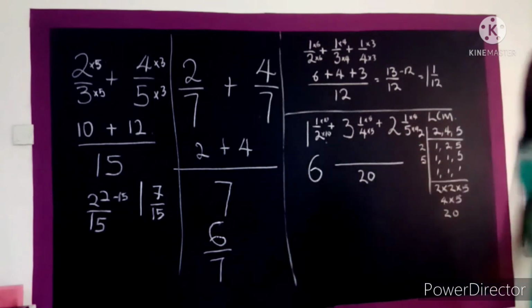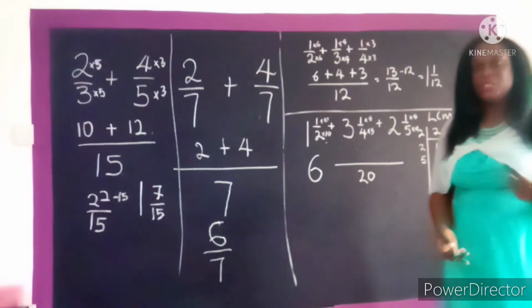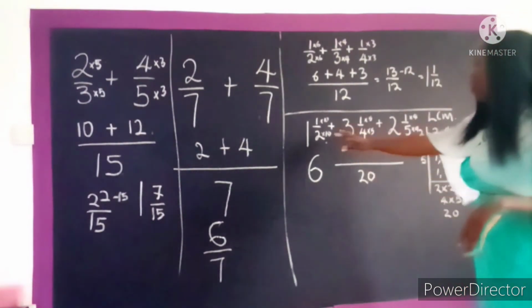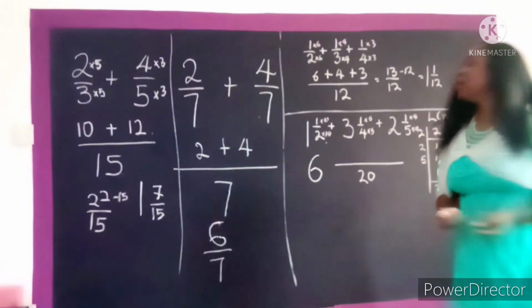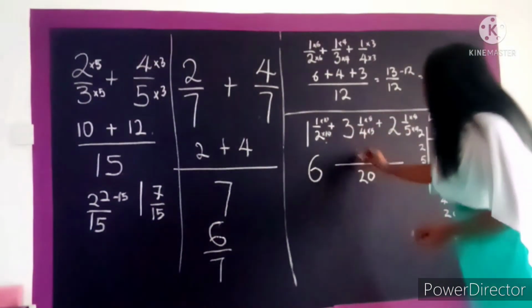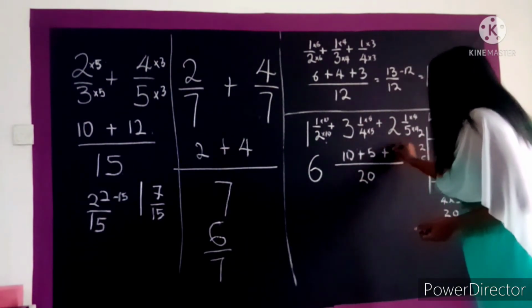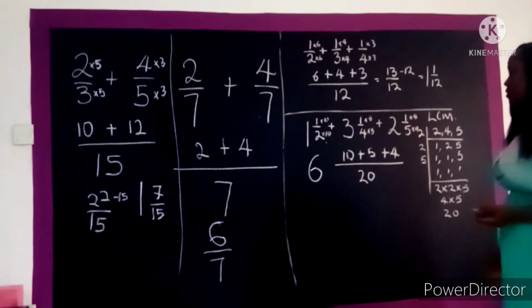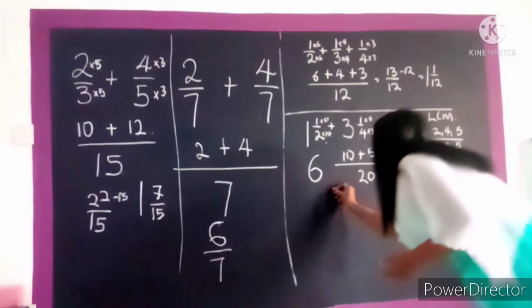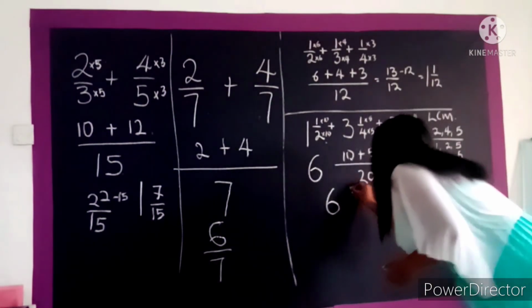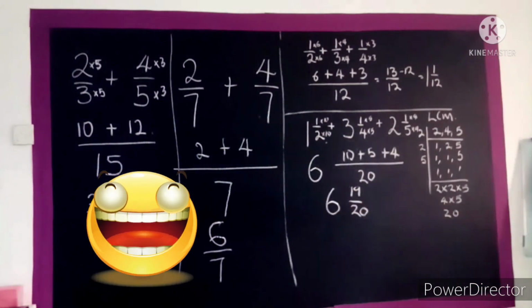The whole idea of multiplying the numerator and the denominator is to try to achieve equivalency in all these fractions. When they are equivalent, then we can add them up. Okay? So the answer here will be 10 plus 5 plus 4. Okay? So I'm seeing a very lovely answer popping up here, which is 6 whole number, 19 over 20.